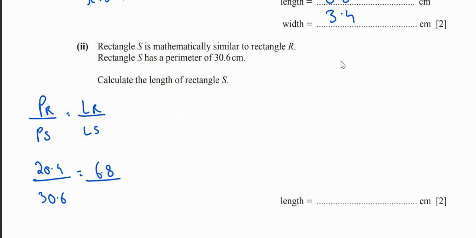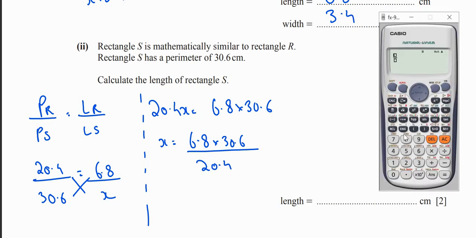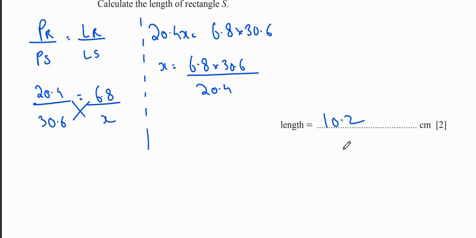And length of S we don't know, so we will just write x. Cross multiply this. So 20.4x is equal to 6.8 multiplied by 30.6. So x is equal to 6.8 multiplied by 30.6 upon 20.4. Let's calculate it. You will get 10.2 as your answer.